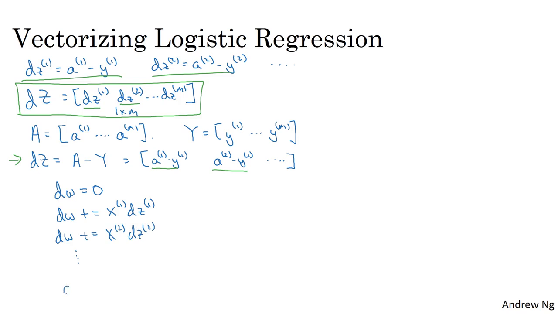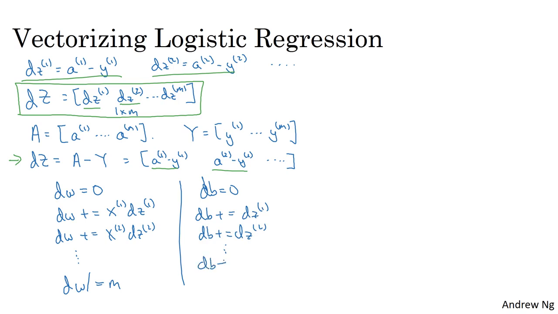So we do that m times, and then dw divide equals m. And similarly for b, right? db was initialized as 0, and then db plus equals dz1, db plus equals dz2, down to dzm, and then db divide equals m. So that's what we had in the previous implementation.